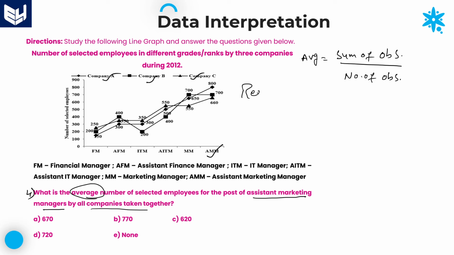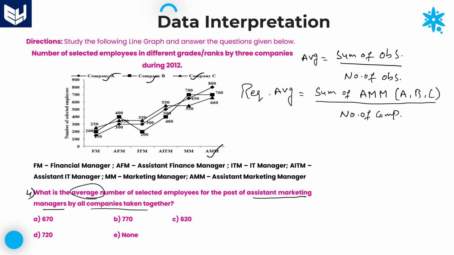Therefore the required average which we are going to calculate for this question is the sum of number of employees selected for all three companies from the grade of assistant marketing manager, for all companies A, B, C together. That total value will come in the numerator, whereas in the denominator is the number of companies you are taking into consideration.